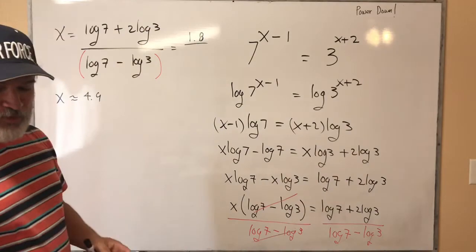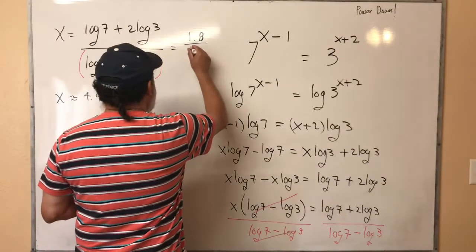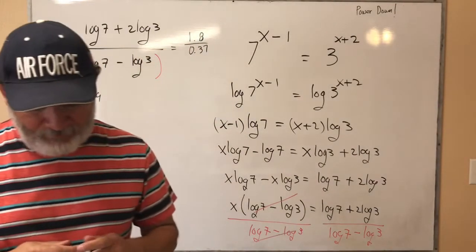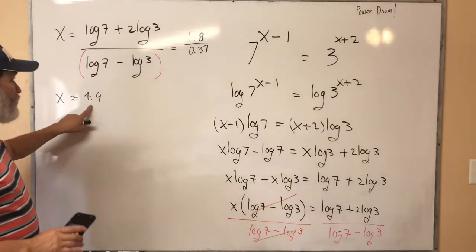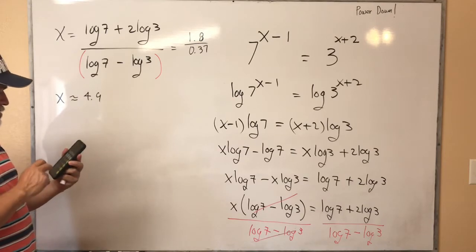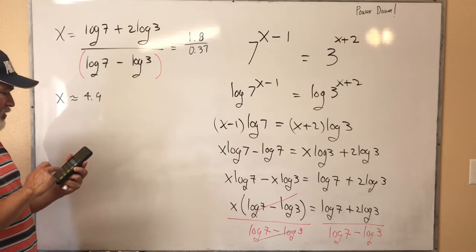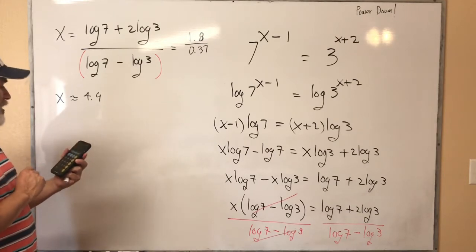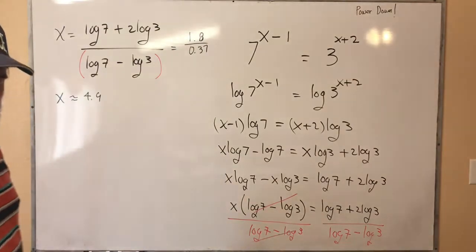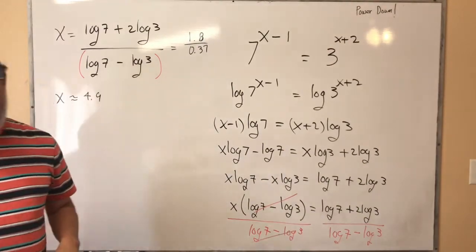In the bottom I get 0.37. And now divide. 1.8 divided by 0.37 equals, I get 4.9. So this was right. My calculator is not a good one in my phone.